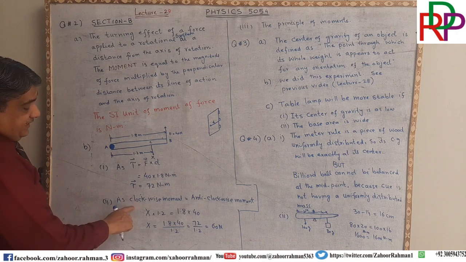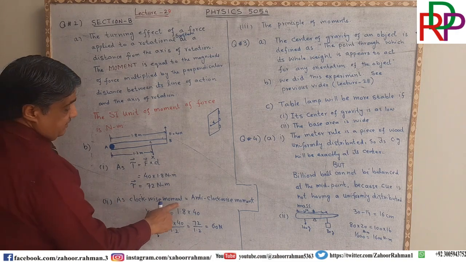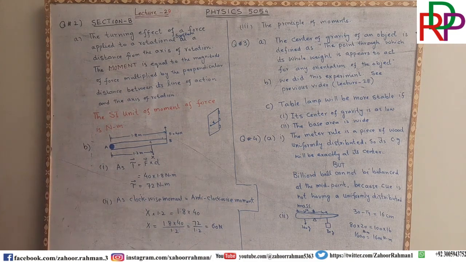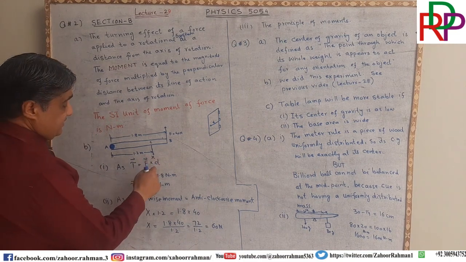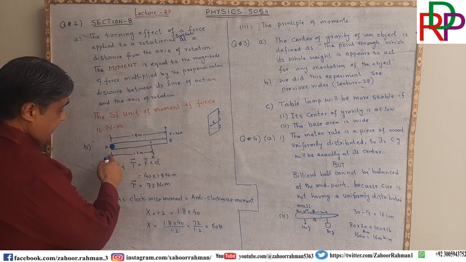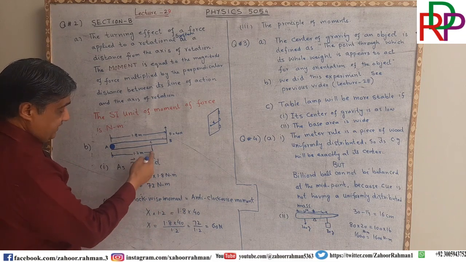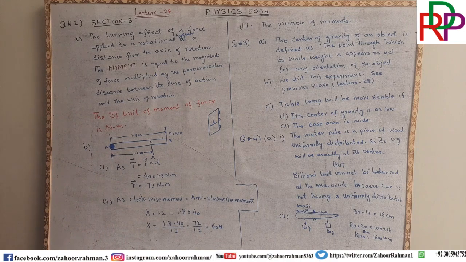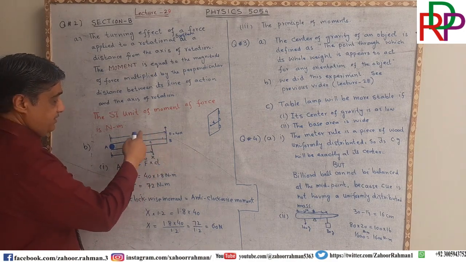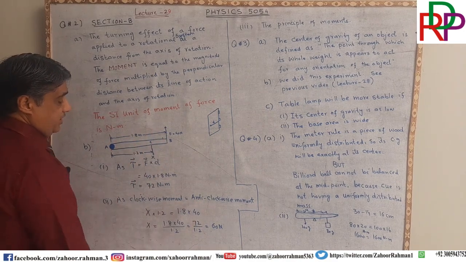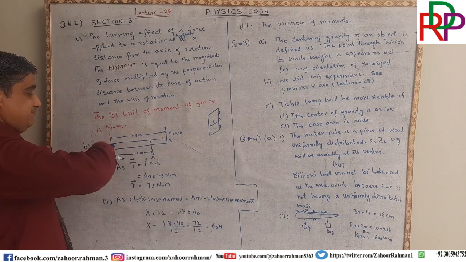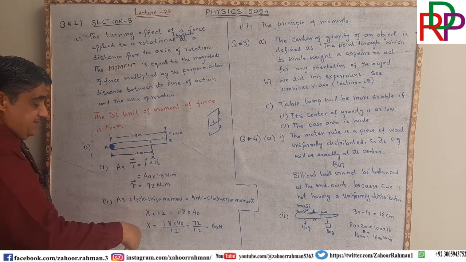So the clockwise moment is equal to the anti-clockwise moment. So X multiplied by 1.2, this is X and this 1.2 is also given in the book, and the second is 40 multiplied by 1.8, which is anti-clockwise, and this is clockwise.